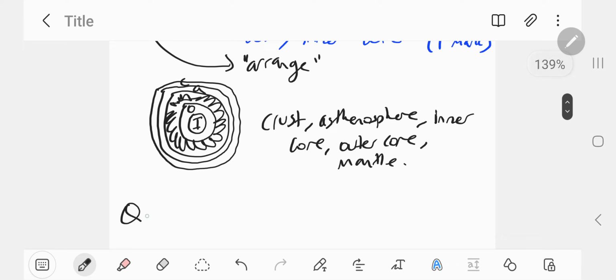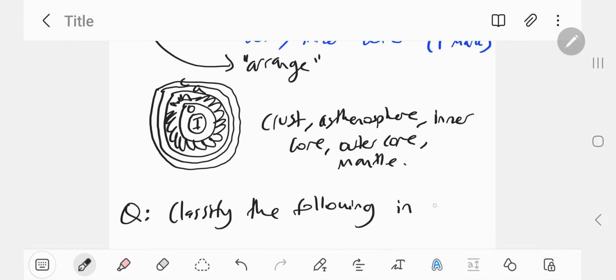I'll leave you with the following activity. Classify the following in the correct order.